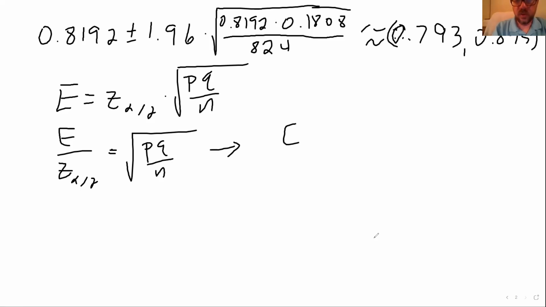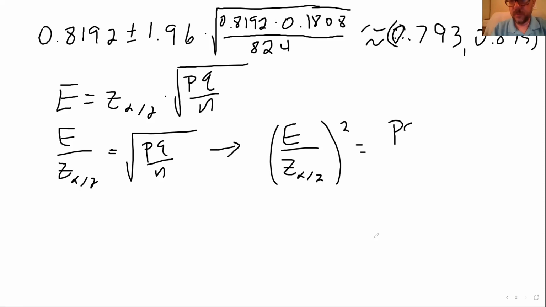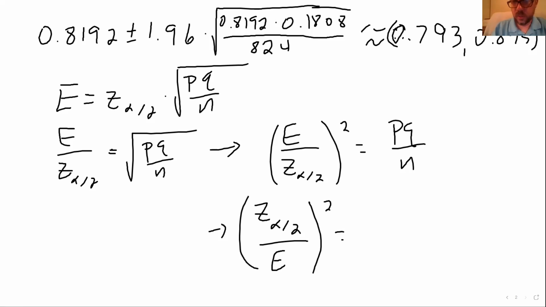So we had E over z alpha over 2 squared equals pq over n. Flip them both over. Sorry, I almost did that backwards. Z alpha over 2 over E squared is n over pq.